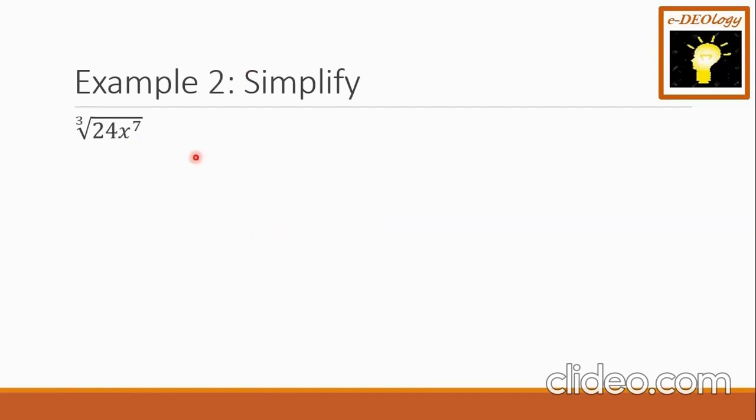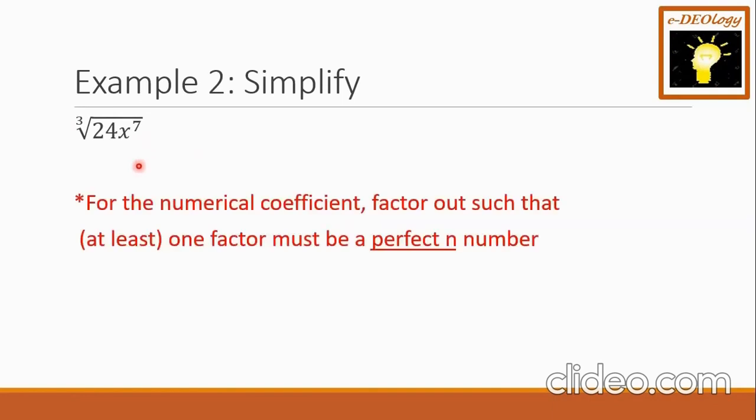Let's have example 2, the cube root of 24x raised to 7. For the numerical coefficient, we will factor this 24 in such a way that one factor must be a perfect nth number.